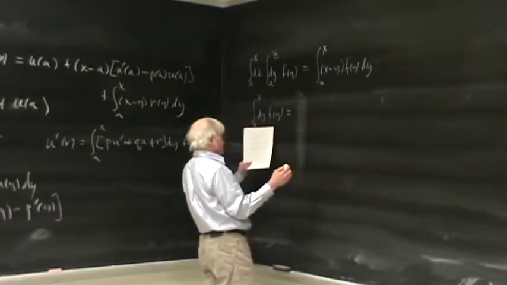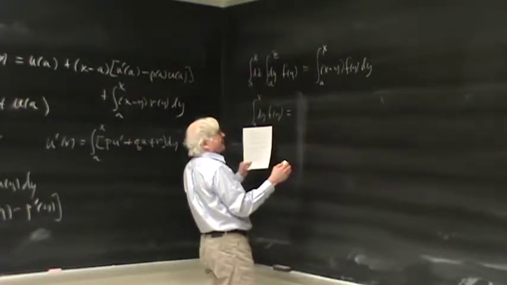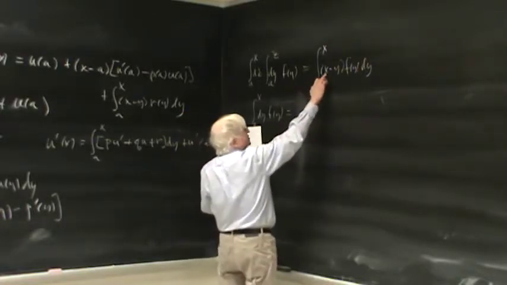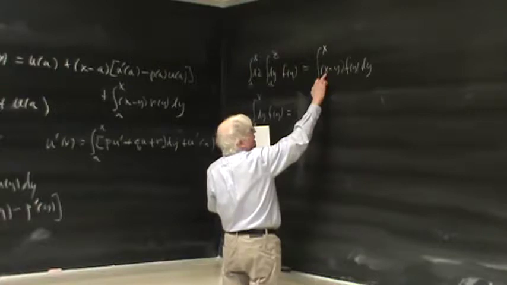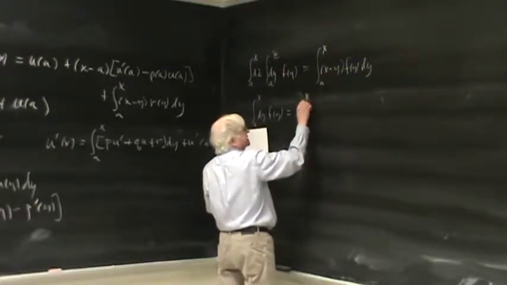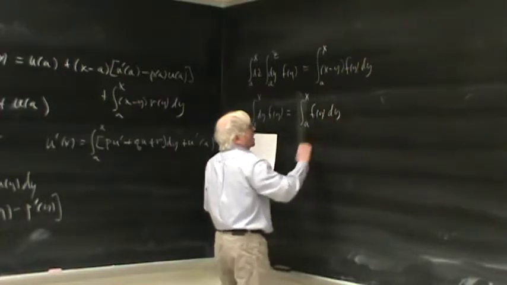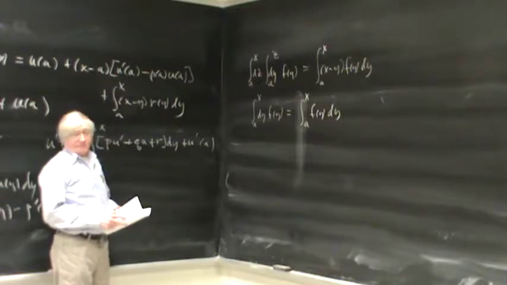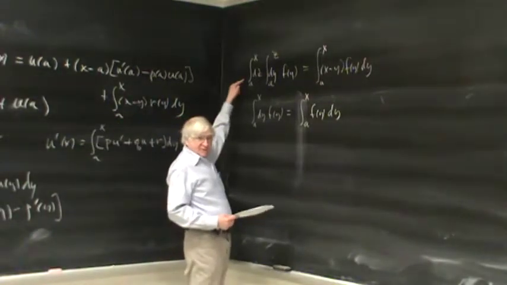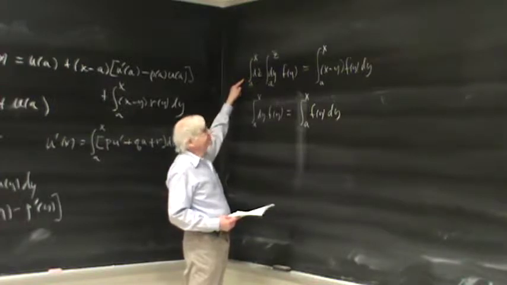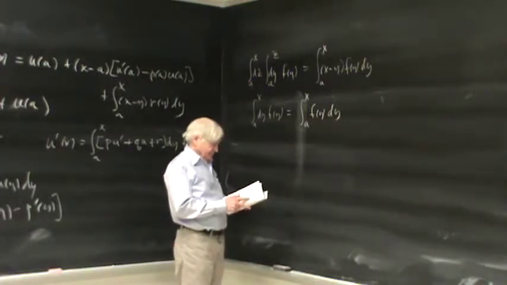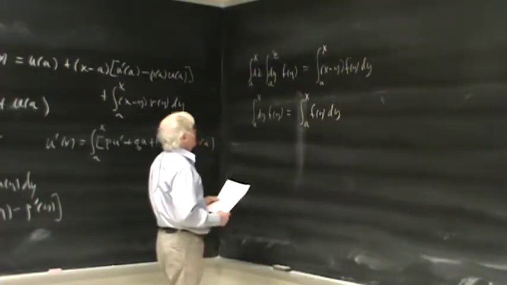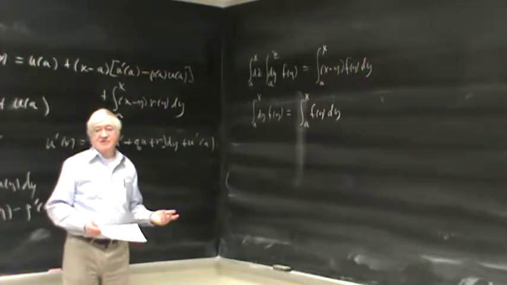So that would give us 0. If we differentiate with respect to this guy, on the other hand, what we get is integral a to x f of y dy. So that's obviously a true equation. So this thing can be off by at most a constant. And if we now set x equal to a, we see the constant would have to be 0.